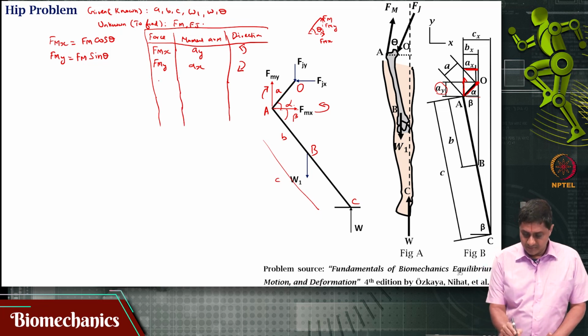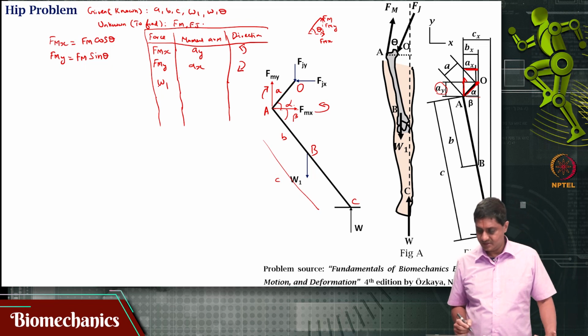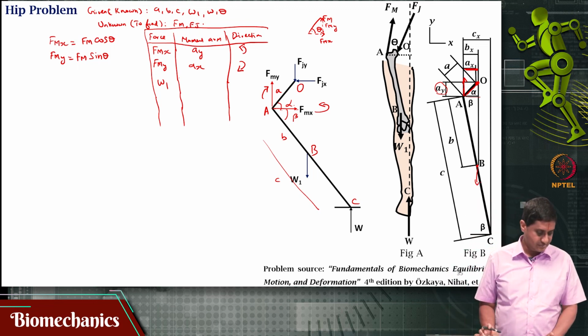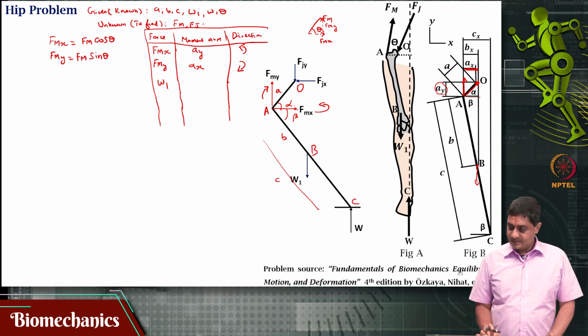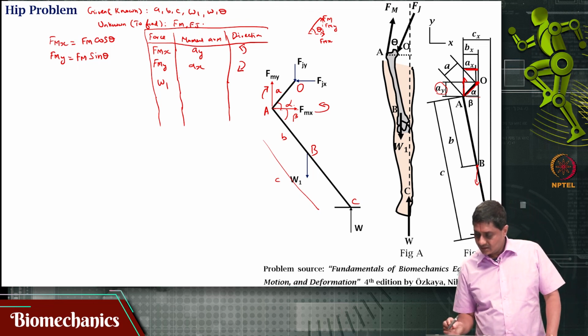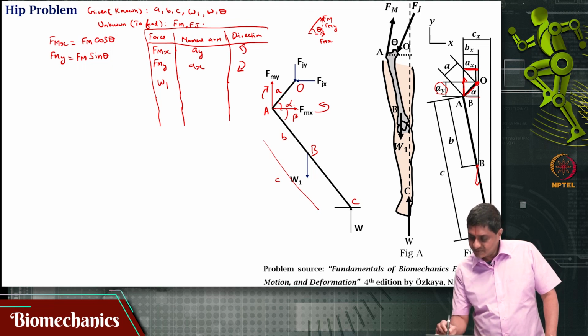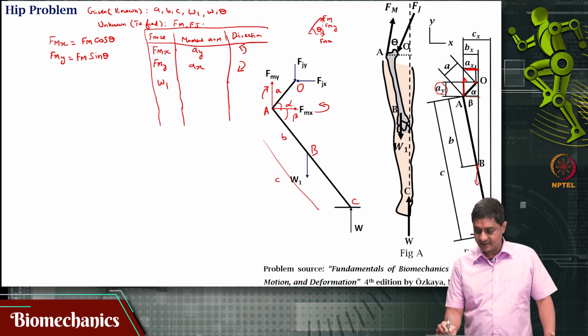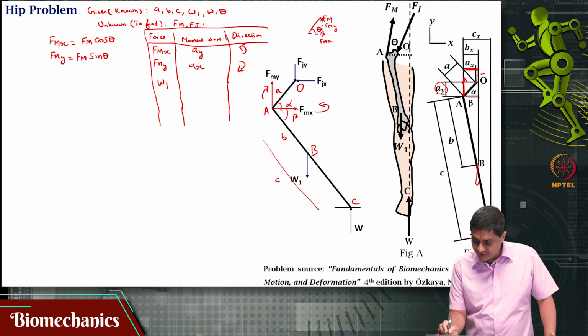Okay, W1. W1 is acting from that point, is it not? It is a point that is not Bx, because I am interested in finding the moment about this point O. Remember, I can take moment about any point I want in this system. This is the distance that I am interested in finding out.